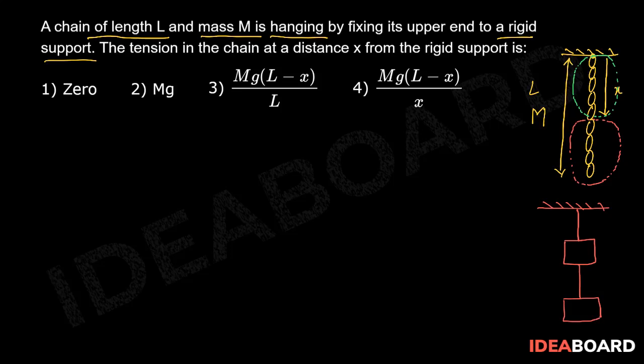Let us suppose the mass of x length of chain is m1, so this is m1 block and this as m2. So the mass of this block is m2.